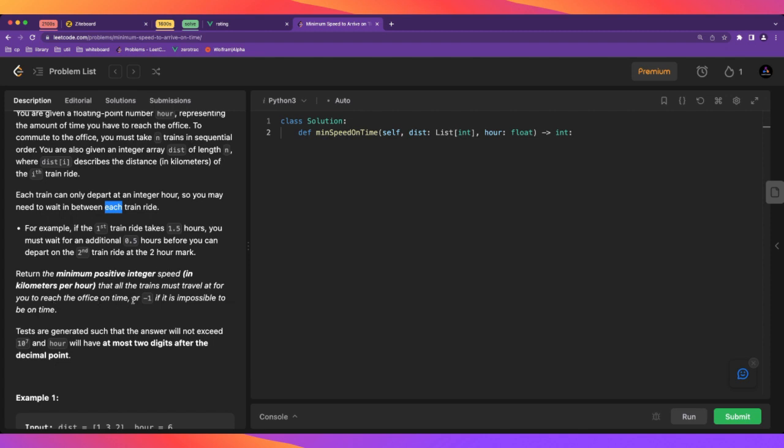And you're asked to find the minimum positive integer speed in kilometers per hour that all the trains must travel at for you to reach the office on time, or -1 if it's impossible to be on time. The answer will not exceed 10 to the 7.